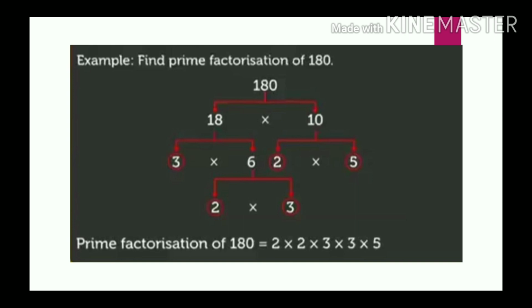Now we write all the prime numbers in ascending order. Prime factorization of 180 is equal to 2 into 2 into 3 into 3 into 5. Here you can see both methods give you the same prime factorization for 180.